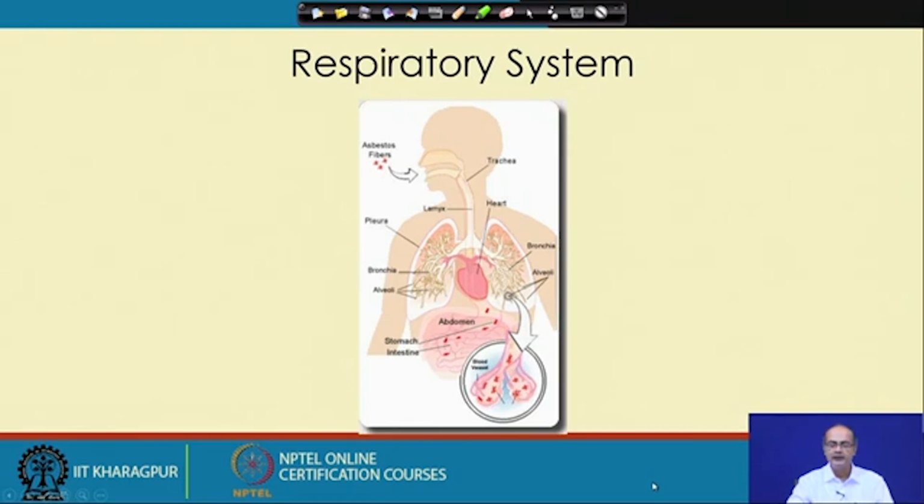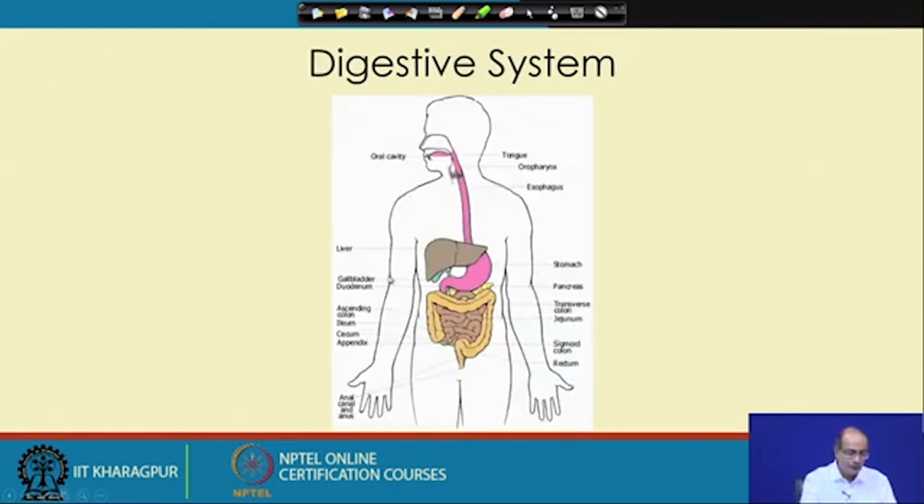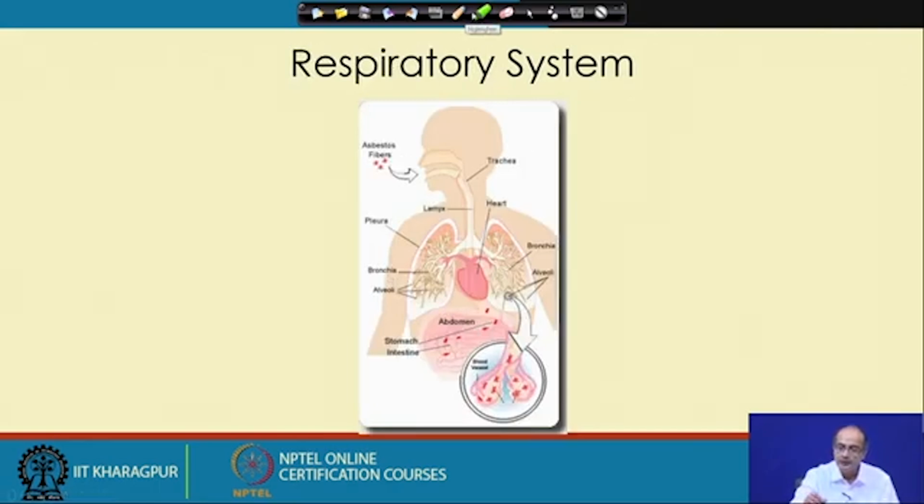When we try to inhale, the first thing we do is increase the volume of this chest region, and it creates a low pressure here. Because of that, from outside, where the air pressure is more, the air gets inside the body, what we call inspiration.